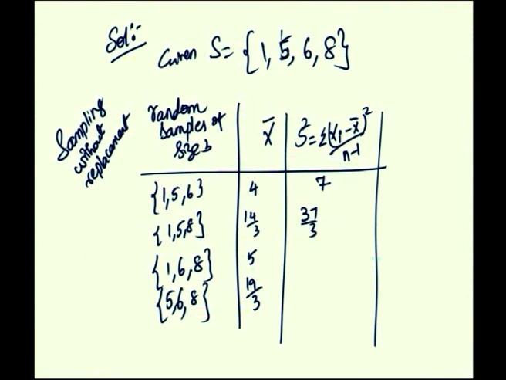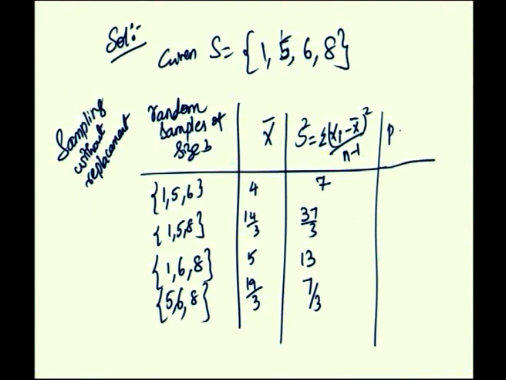Similarly, for 1, 6, 8 this is 1 minus 5 whole square plus 6 minus 5 whole square plus 8 minus 5 whole square. The whole thing divided by 2 is equal to 13. Similarly, this is 5 minus 19 by 3 whole square plus 6 minus 19 by 3 whole square plus 8 minus 19 by 3 whole square. The whole thing divided by 2 gives you 7 by 3. These are the S square values.